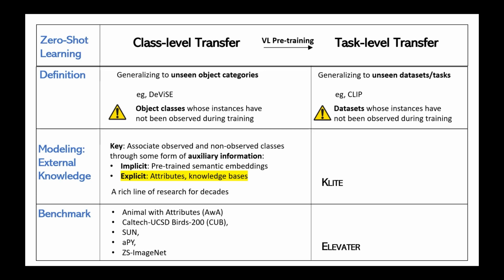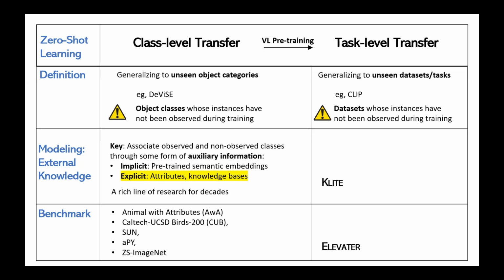For the class level transfer, we have a very rich line of research in the community. I think the key of this line of research is trying to use some type of auxiliary information. For example, we use the implicit knowledge from the pre-trained model.